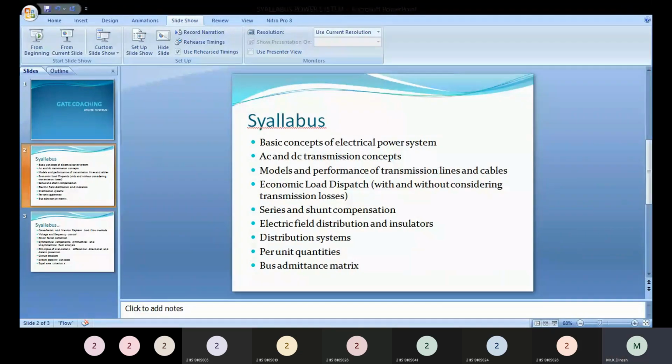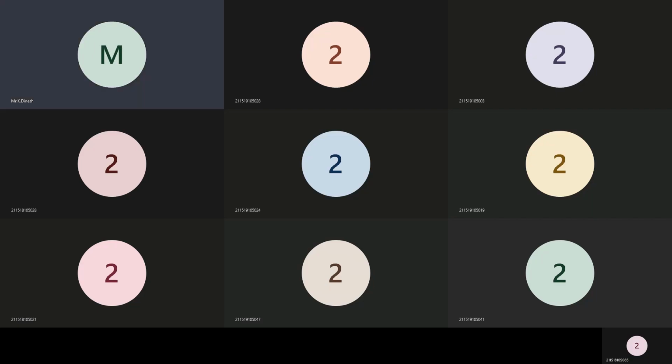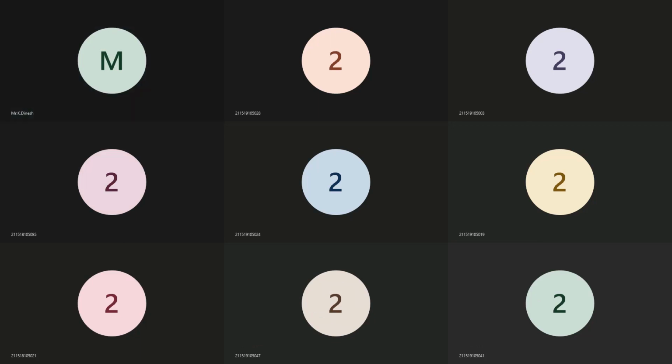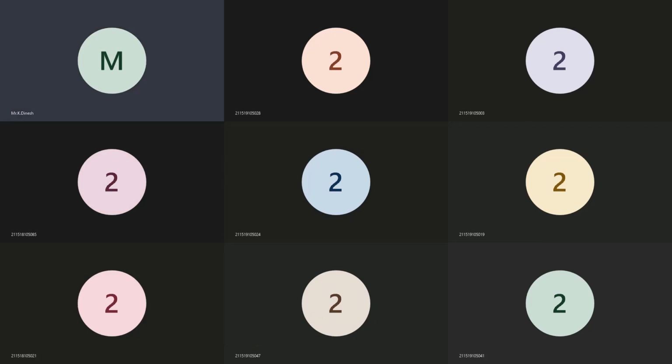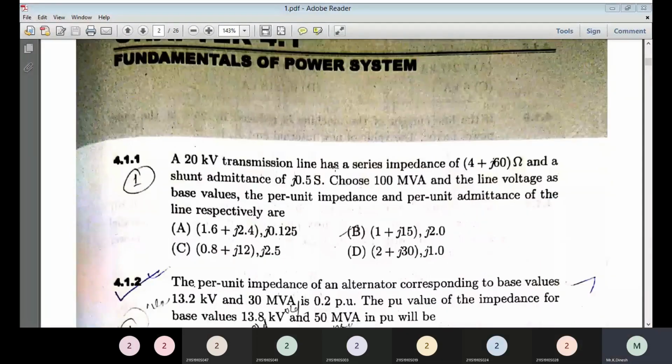First I will share the screen. So in the fundamentals of power system, I need to solve the first question.